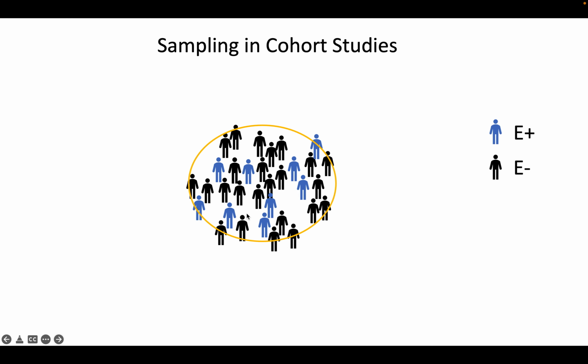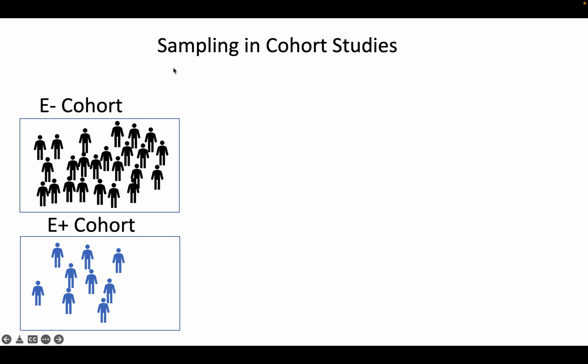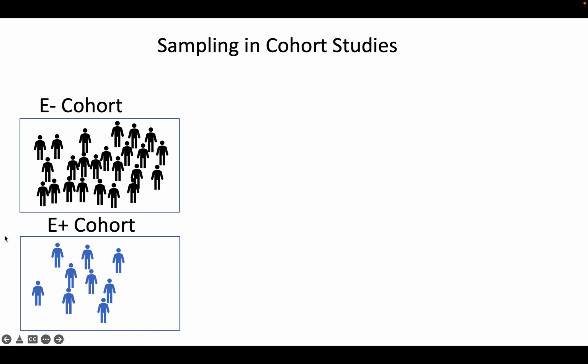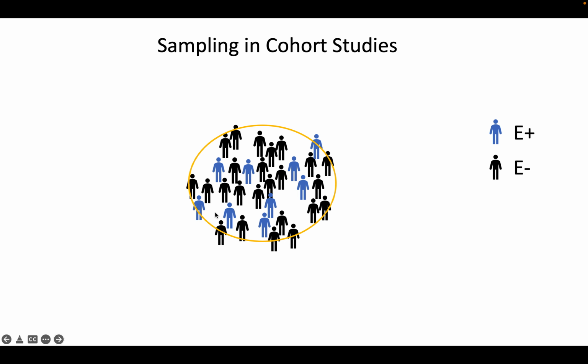You can see here that this population has more exposure negative people than exposure positive people, and that's reflected in our cohort. But if we wanted them to have the same number of people, contrary to the population at large, we could apportion them by stratifying and then picking the same number of people randomly within each stratum, making sure there's the same number that are exposure positive and negative. That's okay.